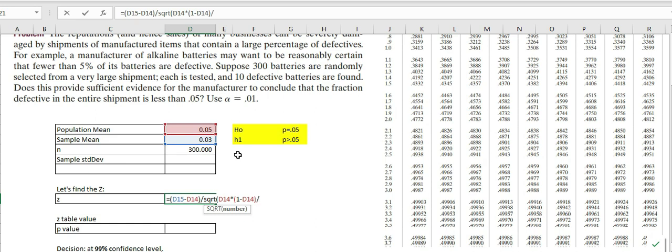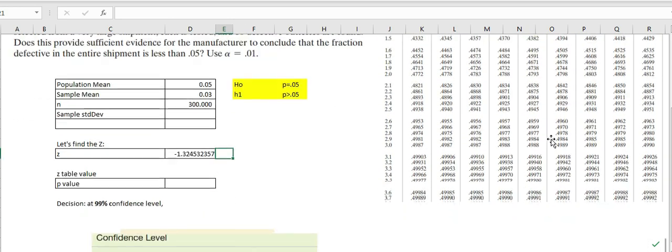Okay, so that's how to compute that. So we got 1.32.